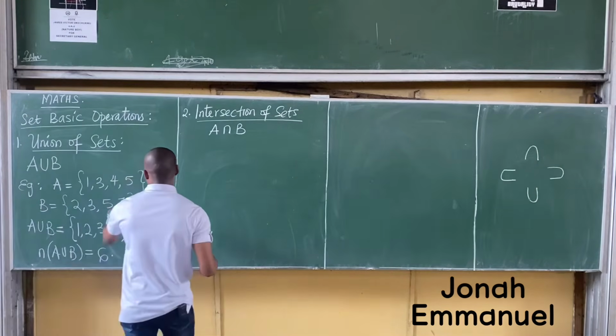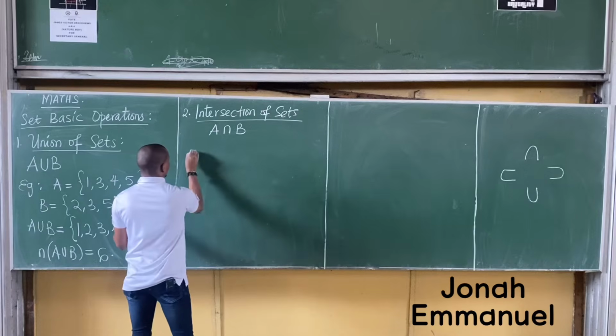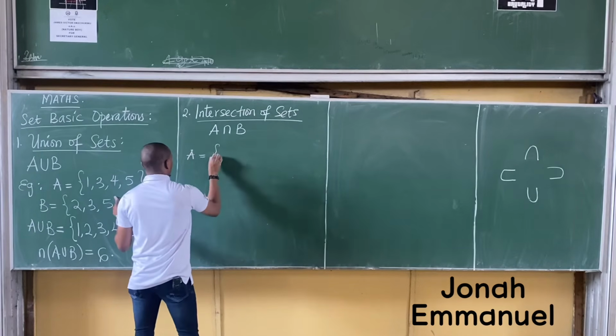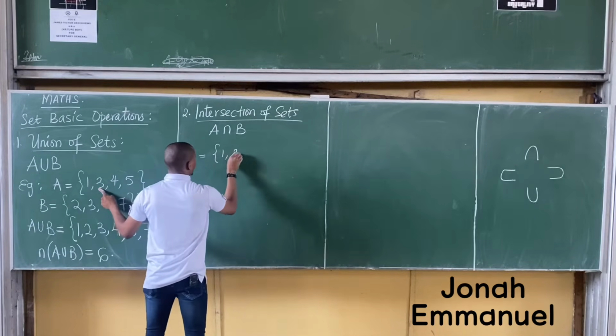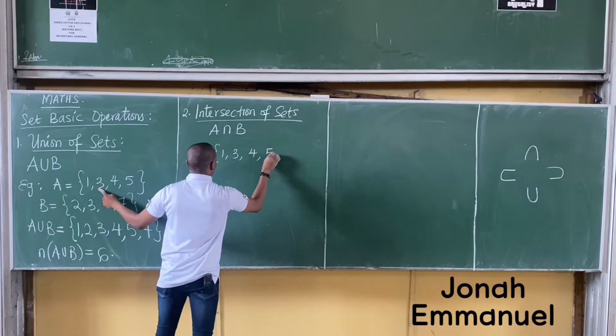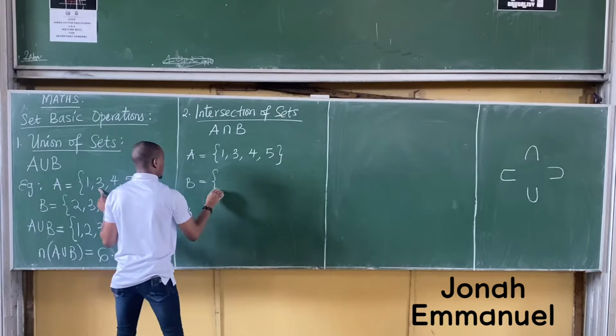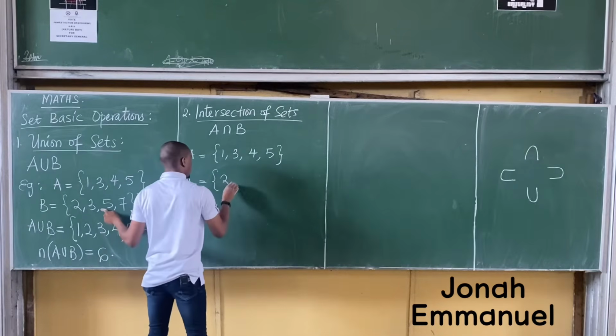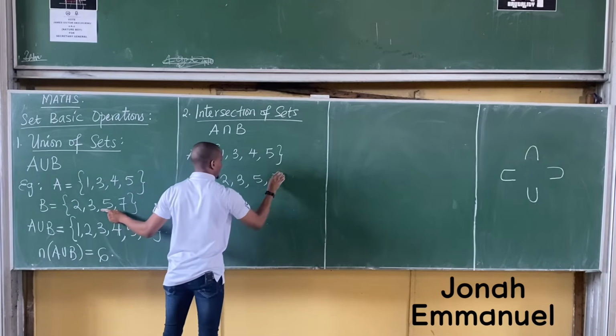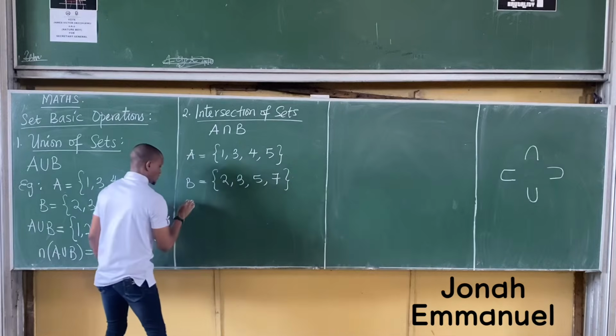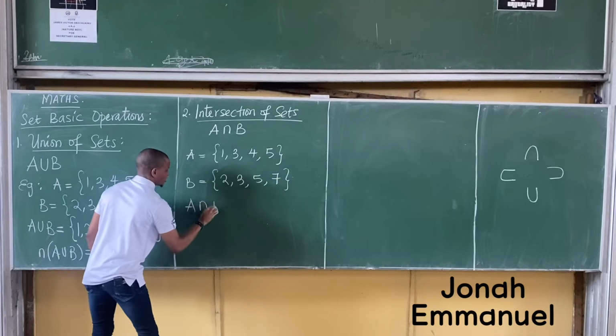Let's take the same example. Let A be equal to 1, 3, 4, 5 and B be equal to 2, 3, 5, 7. What is A intersection B?